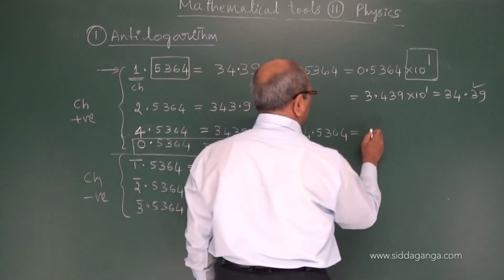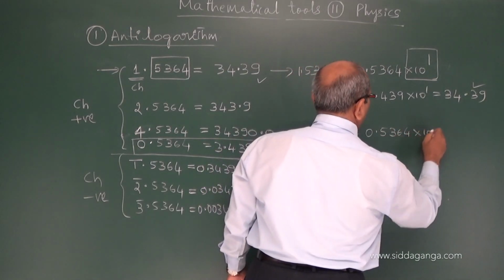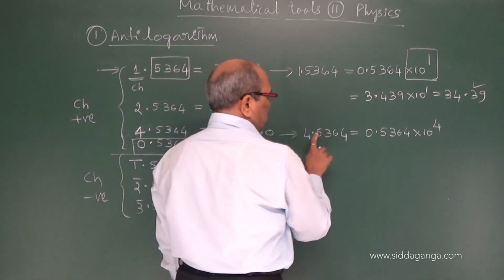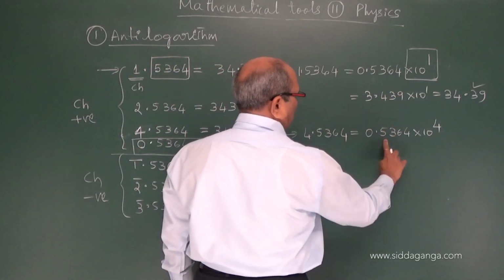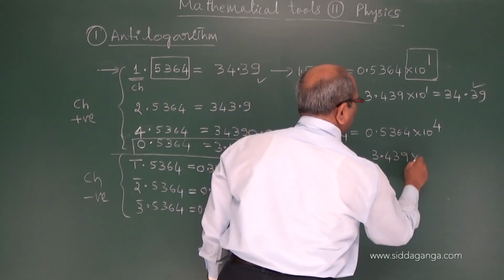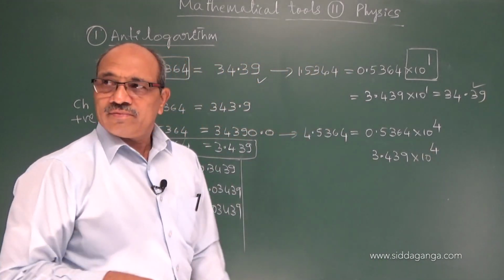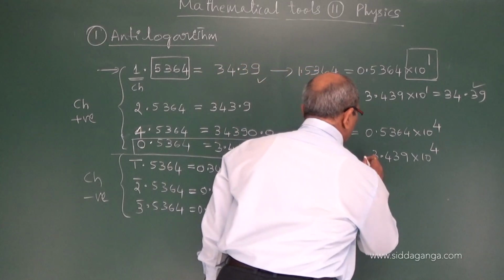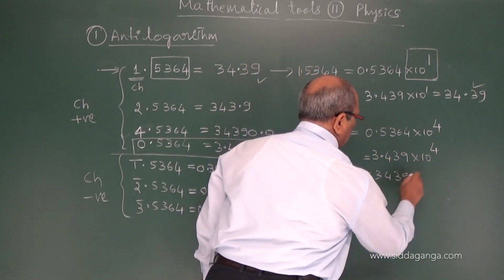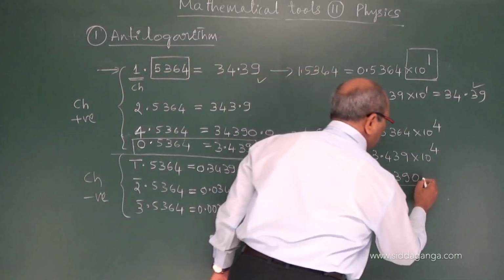We can write it as 0.5364 into 10 power 4. For 0.5364, what is the log? The anti-log you got is 3.439 into 10 power 4. What is the final answer? After 4 digits you write 34390. Do you find any difference? Not at all. So you can put 0 here also.